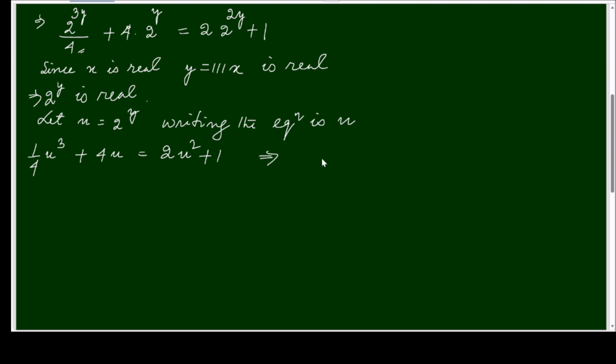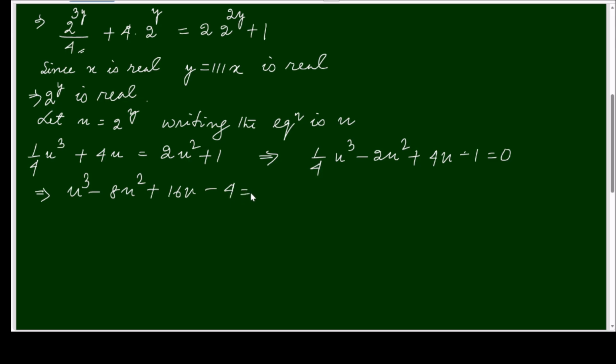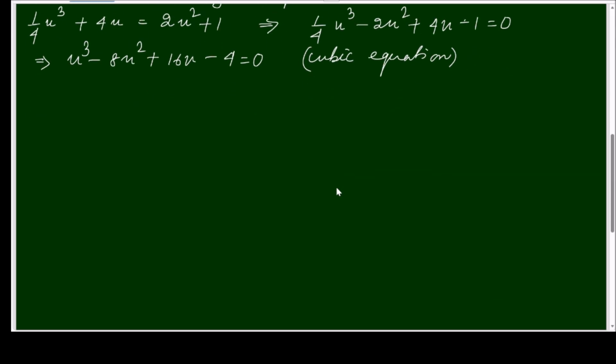This is the same as 1 by 4 u cube minus 2u square plus 4u minus 1 equals 0, or this can be written as u cube minus 8u square plus 16u minus 4 is 0. So this is a cubic equation. So the cubic equation has 3 roots.